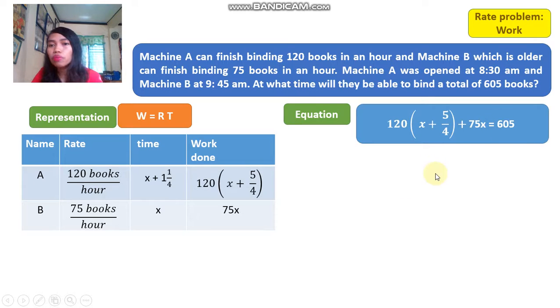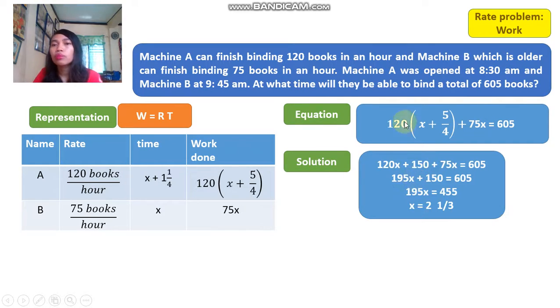To solve this, a little algebra. We distribute 120 to X, and 120 times 5/4 is 150, plus 75X equals 605. Combining like terms, 120X and 75X is 195X, and 605 minus 150 is 455.